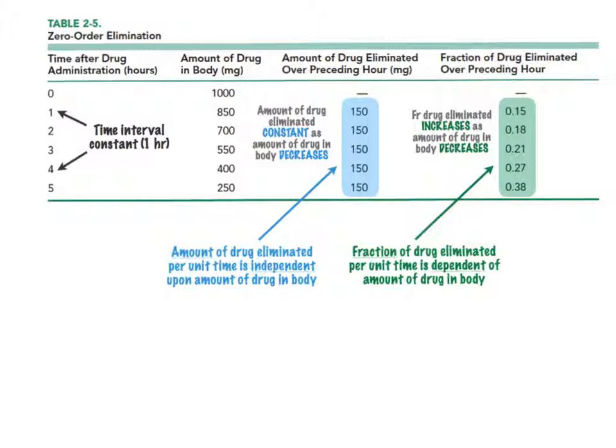The second column has the amount of drug that's going to be present in the body in milligrams, and if we take a look at the amount of drug that's eliminated each hour, what you'll notice is that the amount of drug that's eliminated each hour remains the same. So each hour we're losing 150 milligrams. In this case, our K, our zero-order rate constant, would be equal to that 150 milligrams per hour.